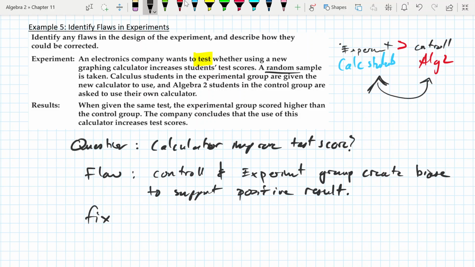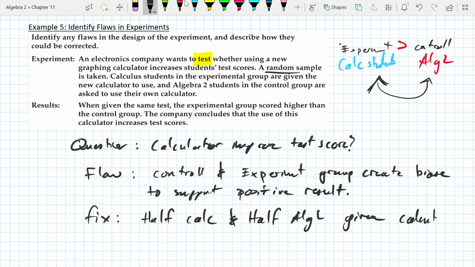What's the fix? Half of the calc students and half the algebra 2 students are given the calculator.